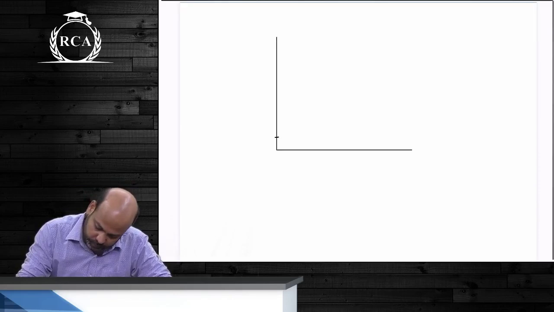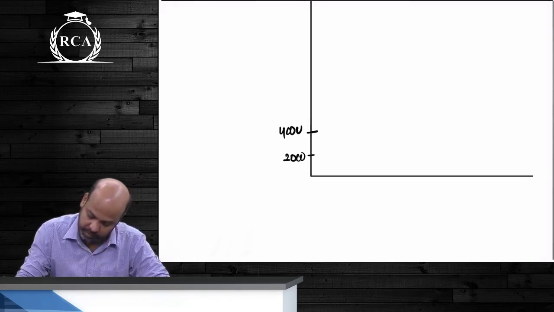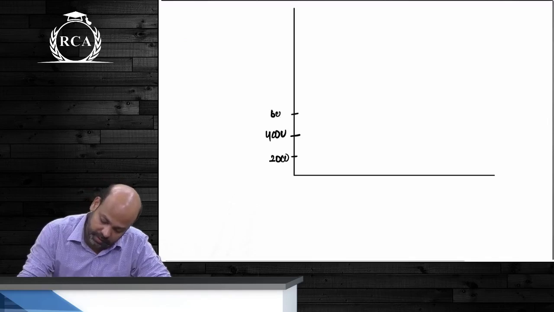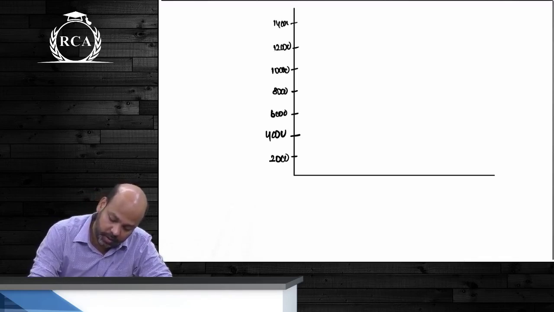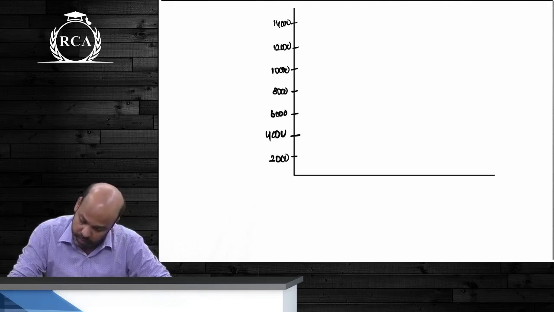Now draw the graph again. 2,000, 4,000, 6,000, 8,000, 10,000, 12,000 and 14,000 rupees.